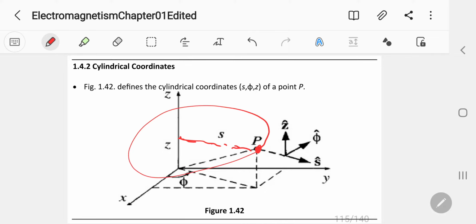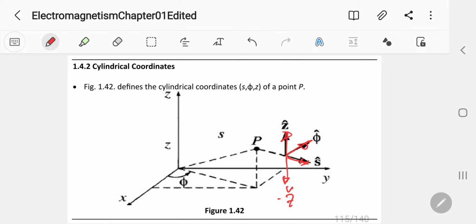So you have S pointing in this direction, S hat, and of course your phi again in that direction, and you have the Z coordinate, which is the same as in the rectangular coordinate system. It's always in the positive Z direction, and the negative Z would be in this direction. So this one is phi, and then you have S. They are also mutually perpendicular to each other.